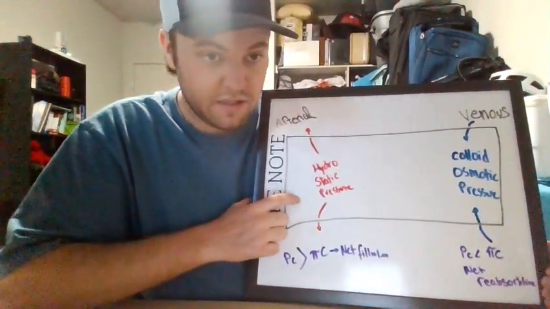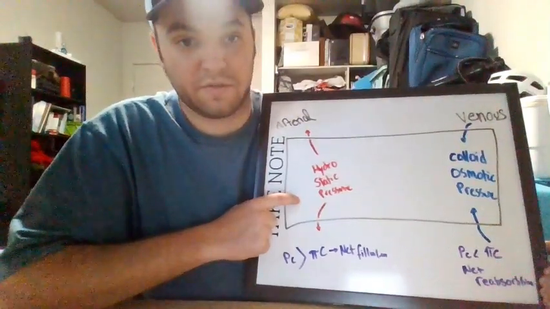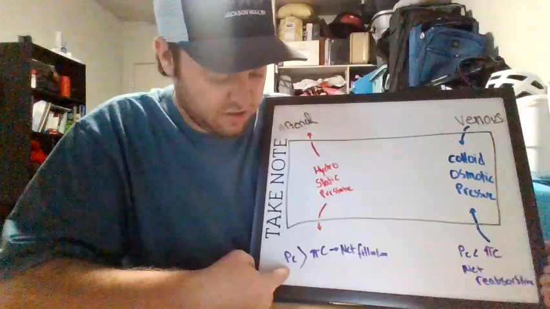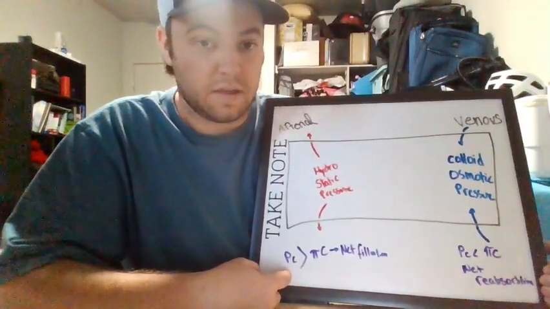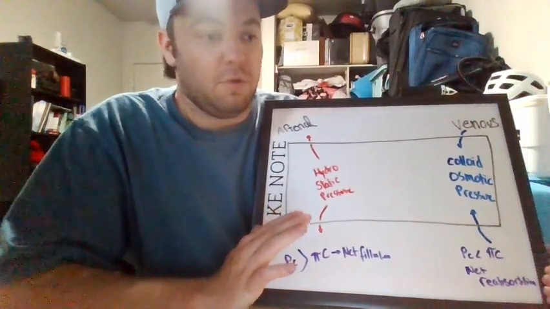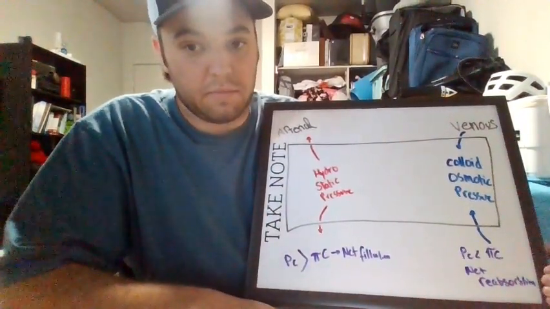At the arterial end, again, the pushing force, hydrostatic, is stronger, so we get net filtration here. Okay, so fluid moves out is what that means.